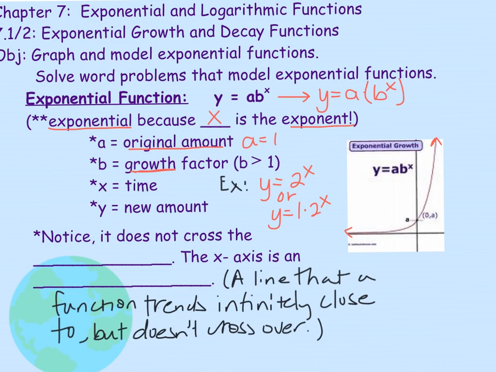Another thing to note is that this function does actually not cross over the x-axis. So the x-axis is considered an asymptote. A-S-Y-M-P-T-O-T-E. Remember, an asymptote is just a line that the function trends infinitely close to but doesn't cross over.